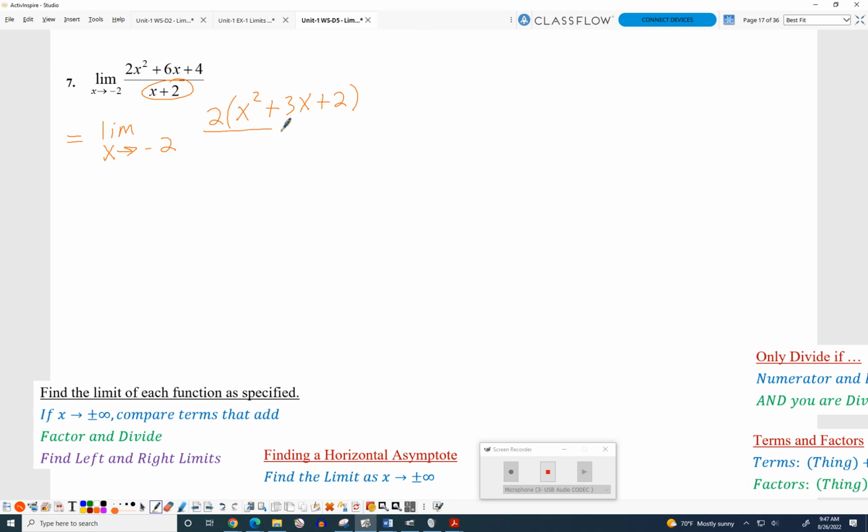Questions about anything? Again, the goal was to find a factor in the numerator that matches a factor in the denominator. So we're looking for an x plus 2 in the numerator. So we do equal again. You still have to write limit.